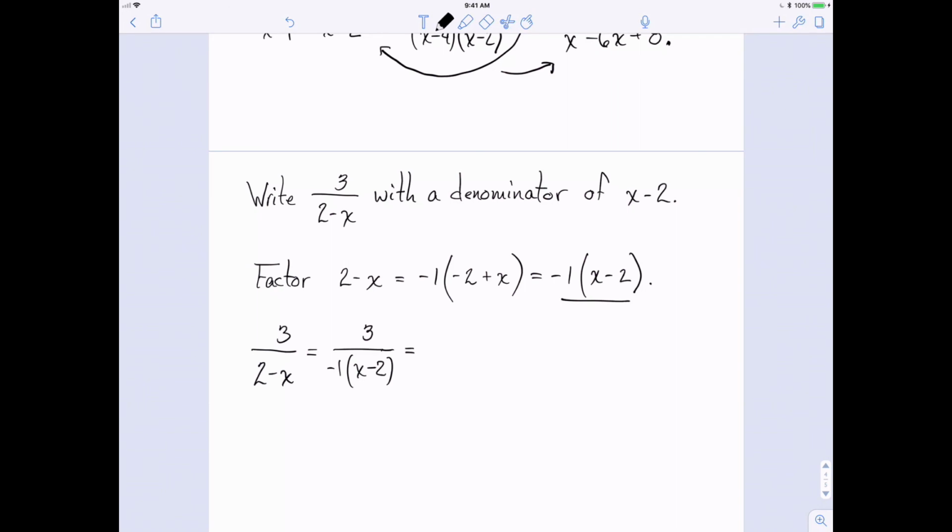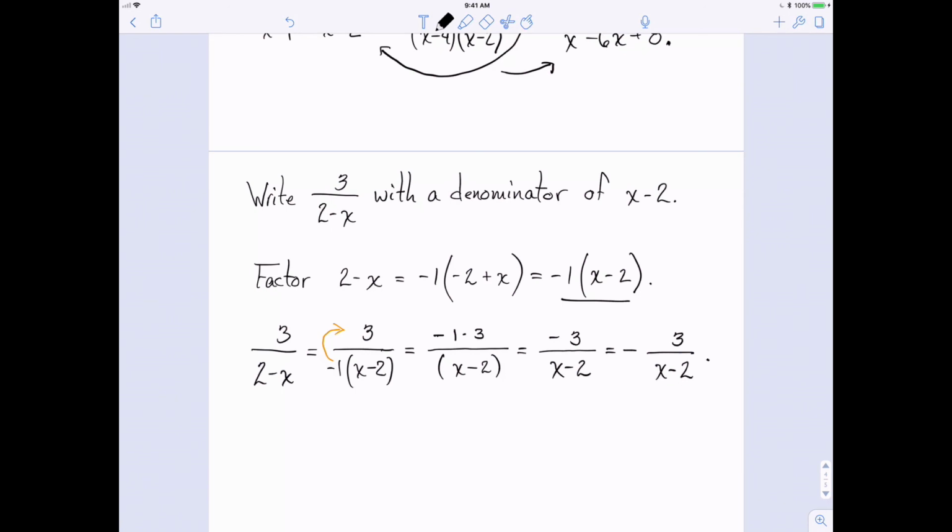So I can move the -1 up here and write this as -1 times 3 over x minus 2. And -1 times 3, that's just -3. And you don't need to have the parentheses over x minus 2. Or the last way you could write it is just to put the negative out in front all by itself. And then you could write this as 3 over x minus 2.